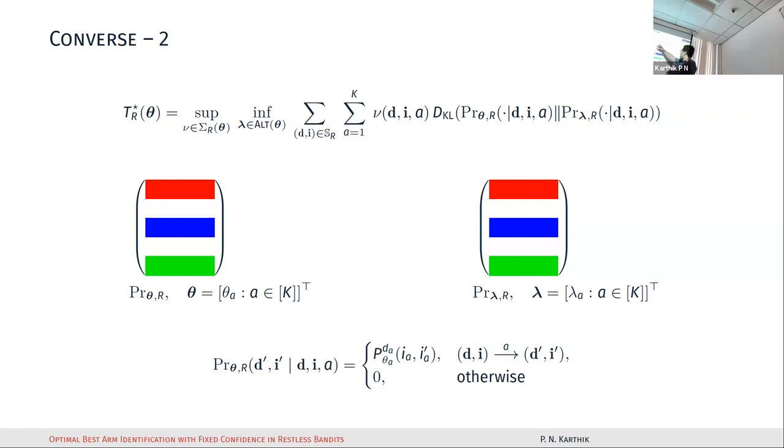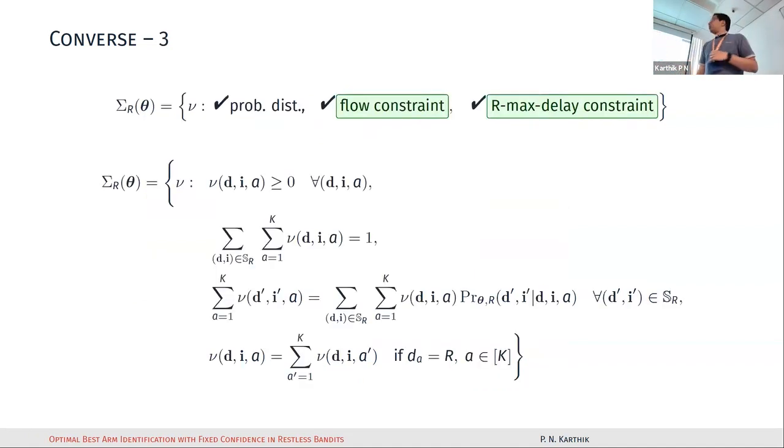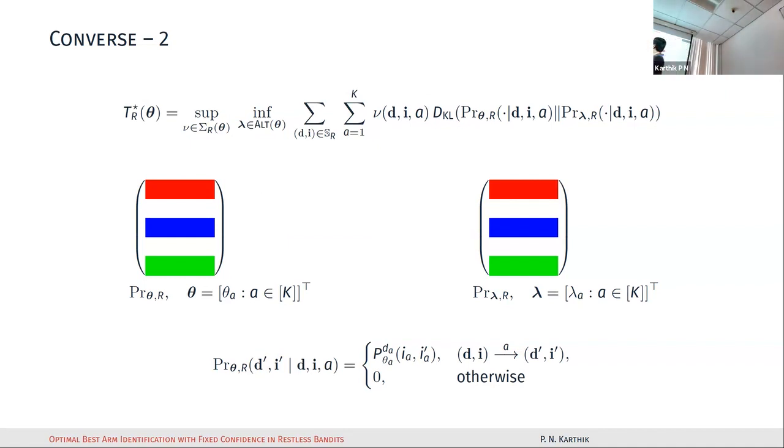And this KL divergence here depends on the powers of the transition matrices of the arms. This is the transition kernel of the MDP. The set over which the supremum is computed in the expression for T star, in the IID case, was just a distribution on the arms.